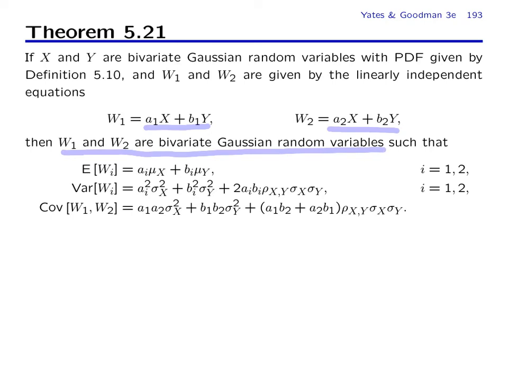Somehow linear processing of a pair of bivariate Gaussian random variables results in a new pair of bivariate Gaussian random variables.